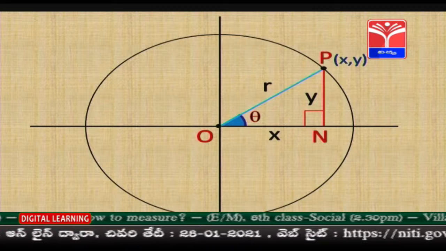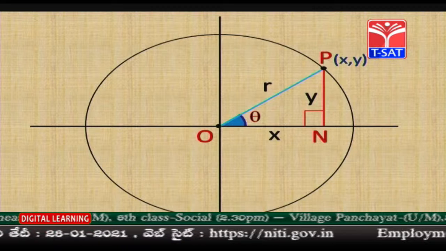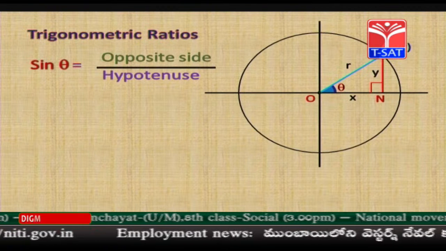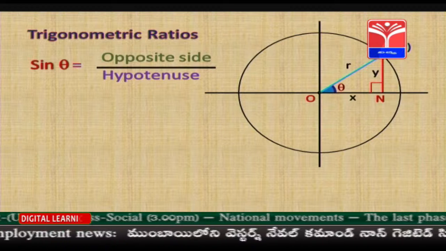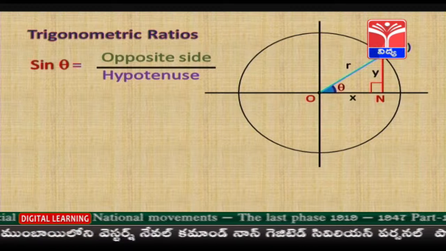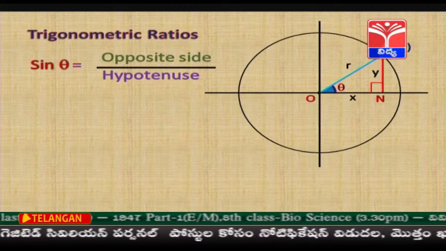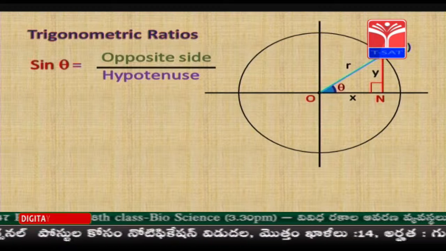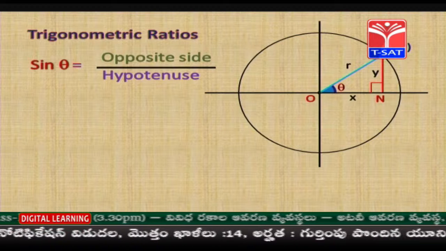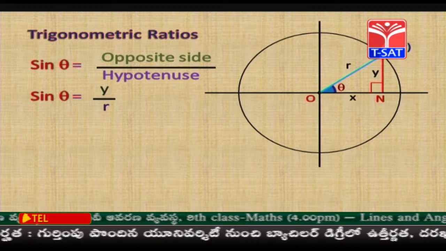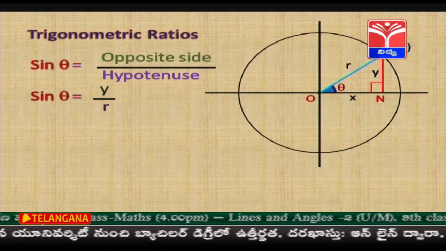Now, we have to find the relation between these x, y and r. We know that sin theta is equal to opposite side by hypotenuse. When I apply the trigonometric ratios to this particular triangle on the graphical plane with respect to the point on the circle, sin theta can be given as y by r, opposite by hypotenuse.